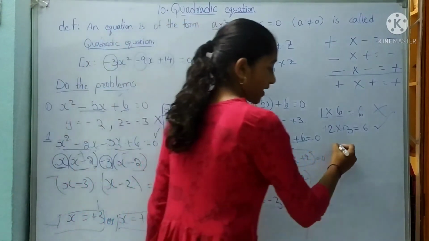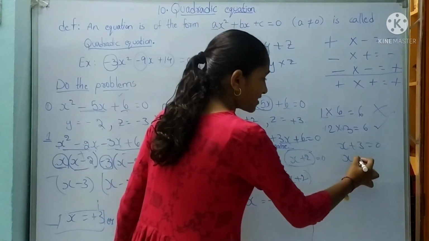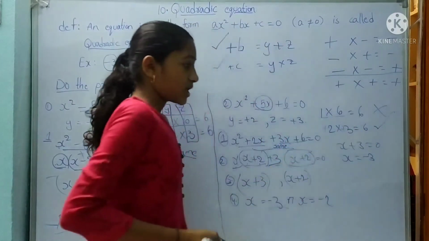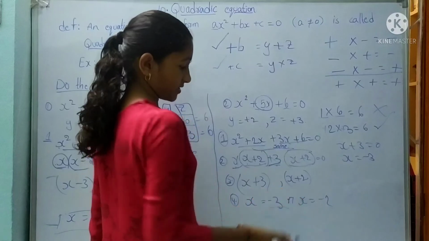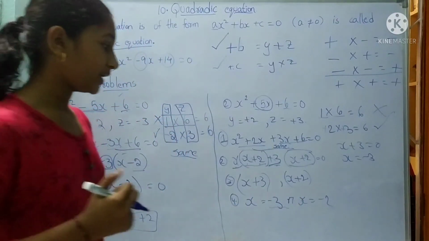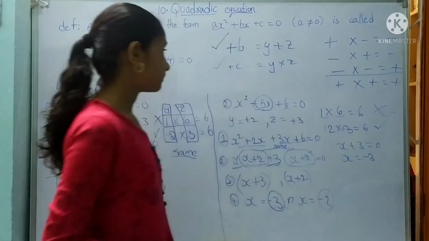What is that? X plus 3 is equal to 0. Then x is equal to plus 3 goes to, what x means, minus 3. So then x is equal to minus 3 and here also x is equal to minus 2. So here what are the alpha and beta, what are the roots? Minus 3 and minus 2 are the roots.